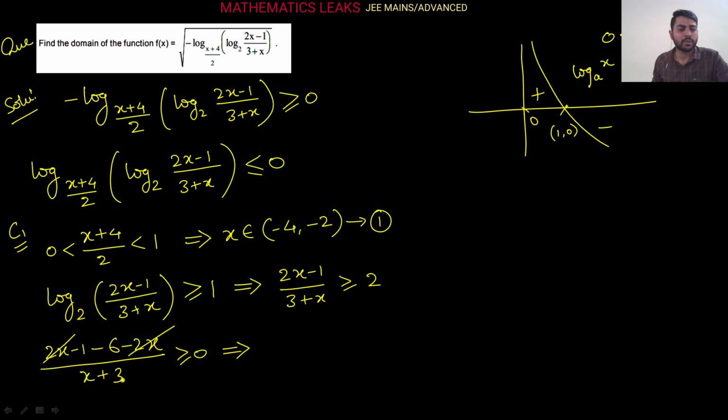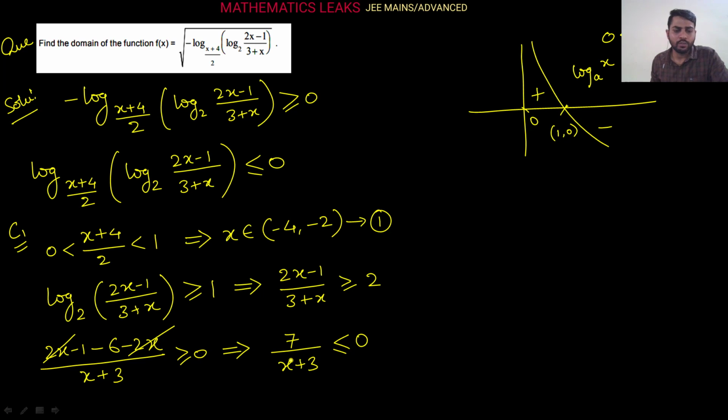So -7/(x+3): again I am going to do minus multiplication, so it will be written as 7/(x+3). But here I have done minus multiplication, so the inequality sign will be reversed. Greater than or equal to 0 will become less than or equal to 0. So this value should be less than or equal to 0. Here the numerator is 7, a positive quantity, so the entire value cannot be equal to 0.